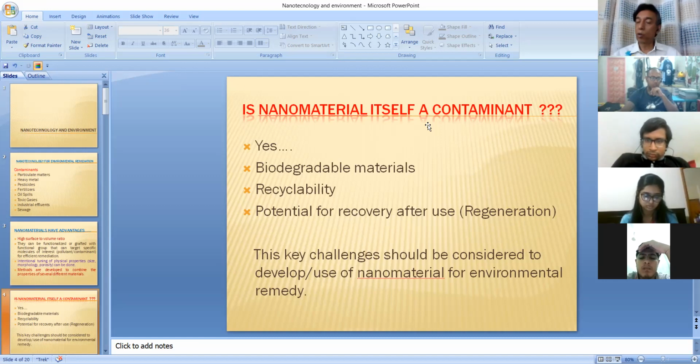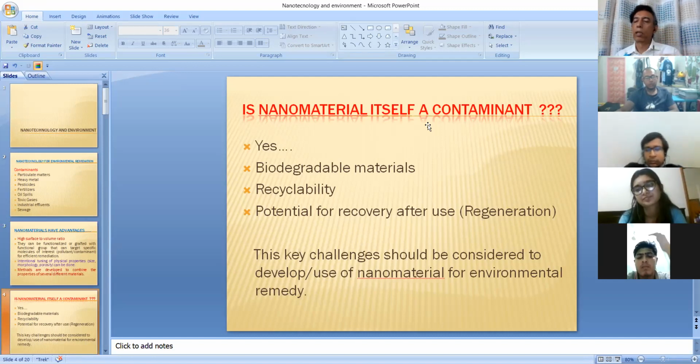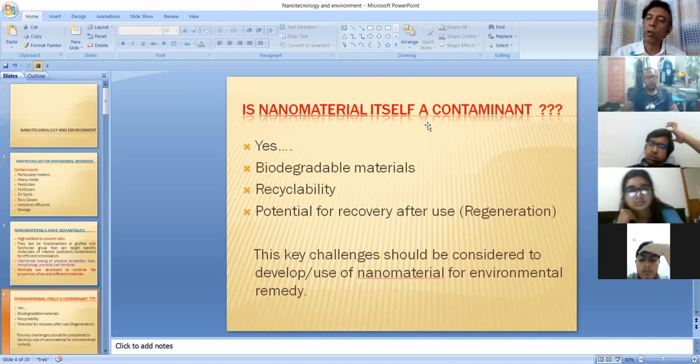How can we use nanomaterials? We can use biodegradable nanomaterials, materials that will be degraded even if they enter into my body.